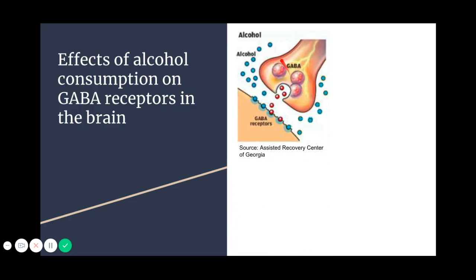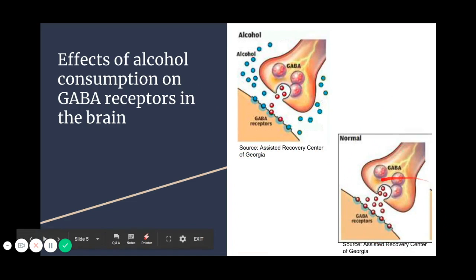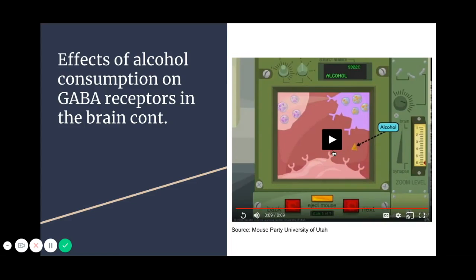Here we can see the normal GABA receptor and GABA, which are being easily received by the GABA receptors, while the alcohol-induced GABA receptors are having their spots taken up by alcohol molecules. We can see the effects of alcohol consumption on GABA receptors much closer in this video.